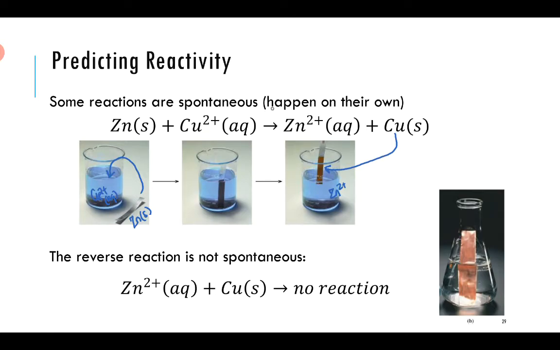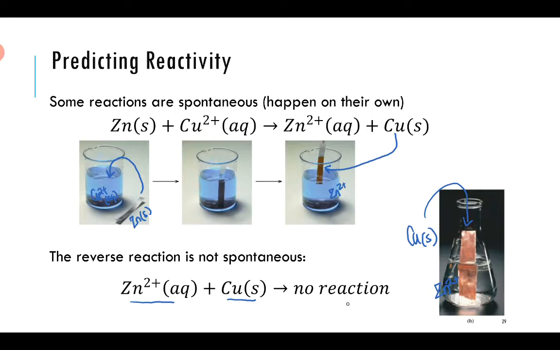But what happens if we try to do the reverse reaction? Let's take zinc 2+ solution and add in copper solid. And so we have that over here. So if we have zinc 2+ aqueous and we put in copper solid, nothing happens.